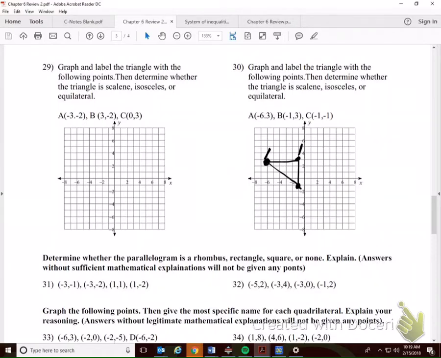We just need to count boxes. So that top leg, A to B is 5, B to C is 4. Notice that none of the sides are the same. 5, 4, and the square root of 41. So it is a scalene triangle.